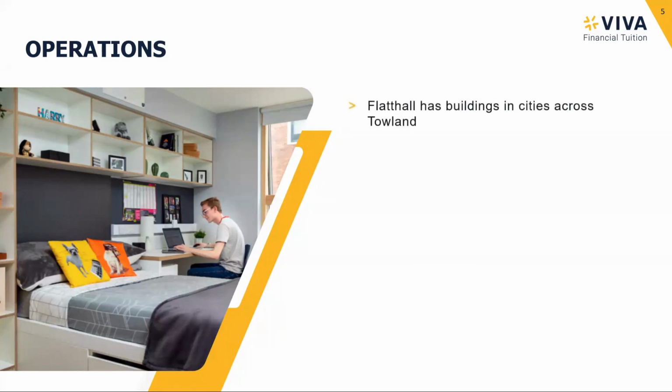So in terms of operations then, Flat Haul has buildings in cities right across Thailand, but we don't know from the pre-seen whether there are some cities where Flat Haul does not have any buildings. And it might be that in your exam, they are going to build 2 more buildings in a new city. Now, all the cities across Thailand aren't all going to be equally successful as student cities and student towns.